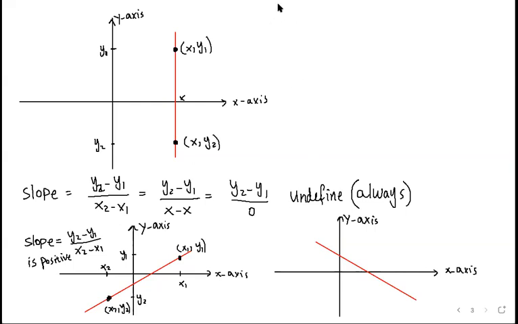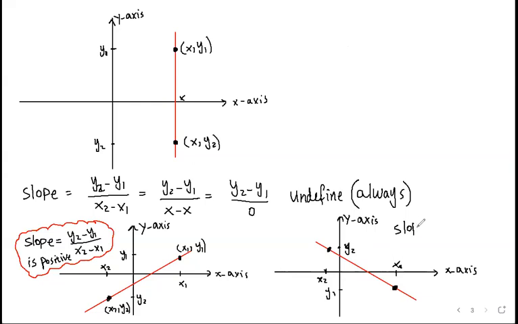Vice versa for the second one. The slope here is positive. Here the same thing: 2 points, x1, y1, y2, x2.